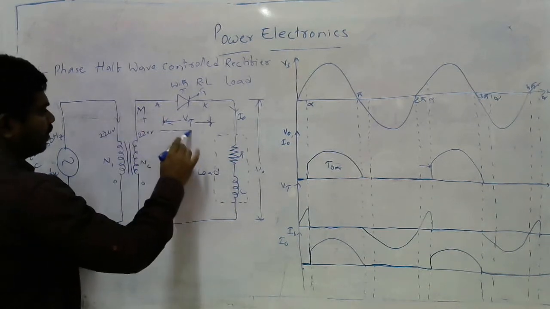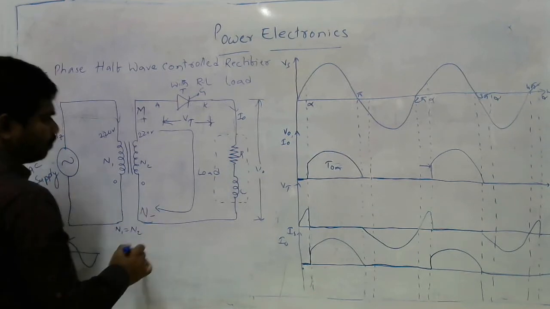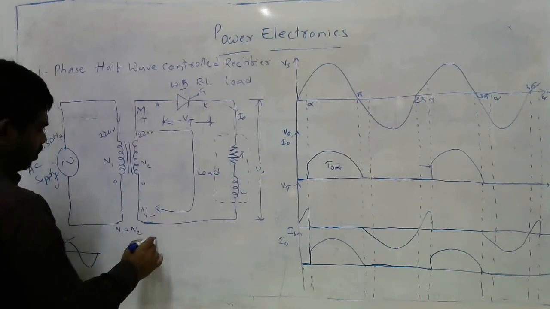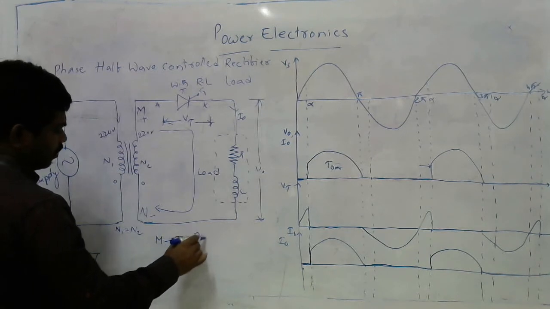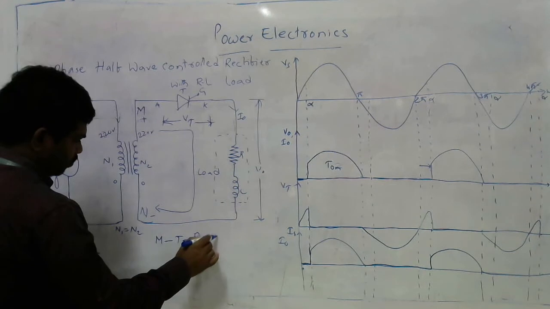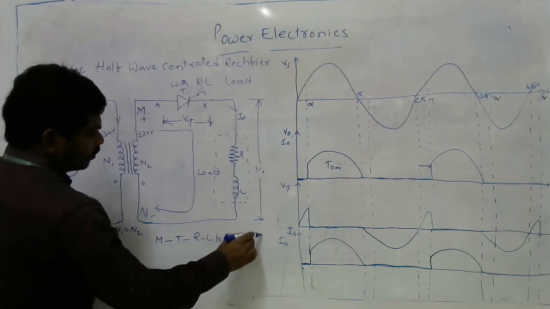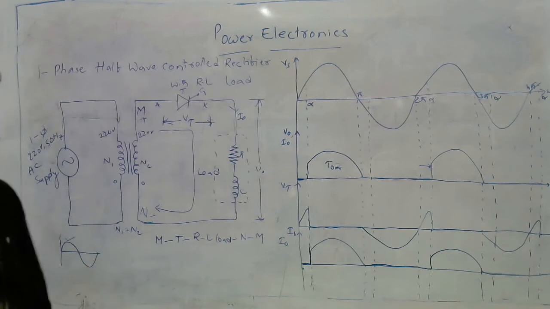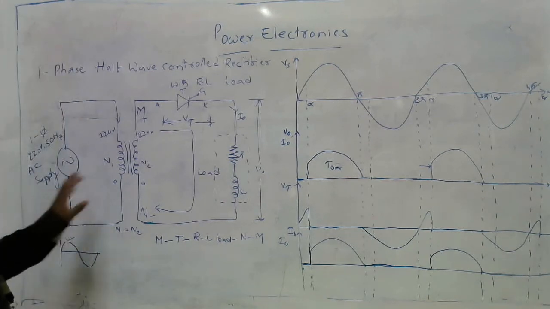Then current flows like this, entering into N. What is the path of current flow? M, T, RL load, then N, and back to M. This is the current path when you use the positive half cycle of the supply.